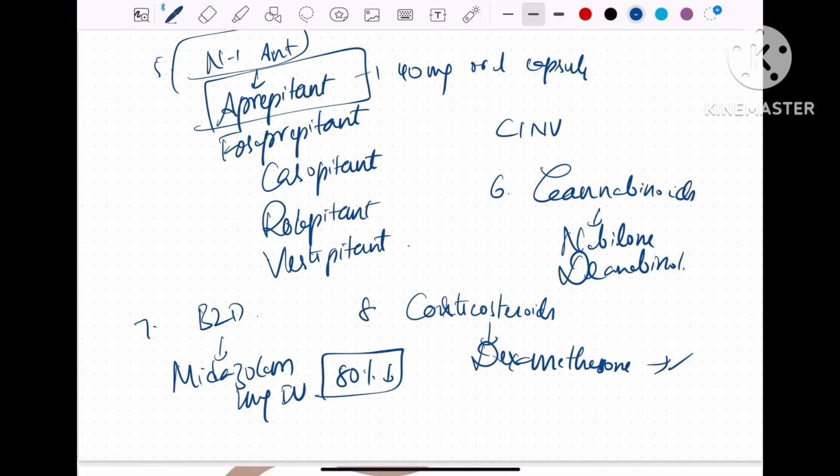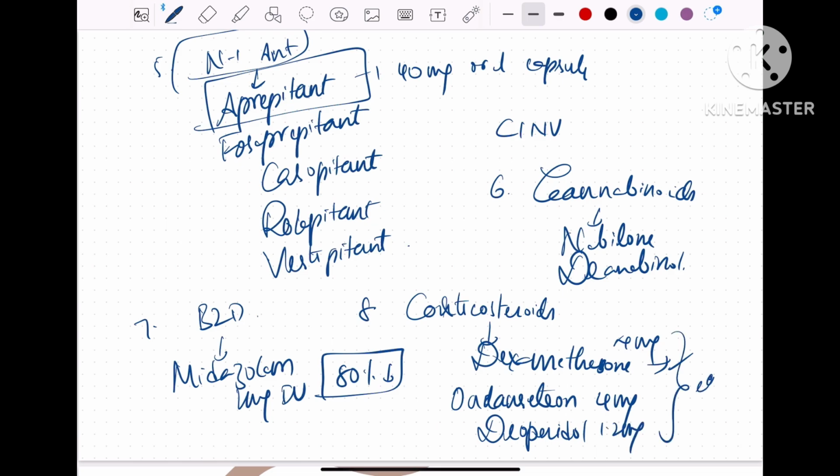Ondansetron 4 mg, dexamethasone 4 mg, or droperidol 1.25 mg administered IV as prophylactic therapy are equally effective in reducing postoperative nausea and vomiting.